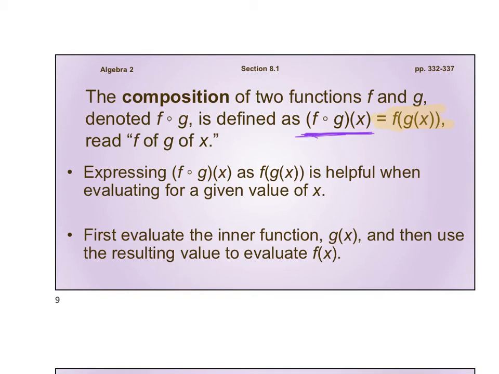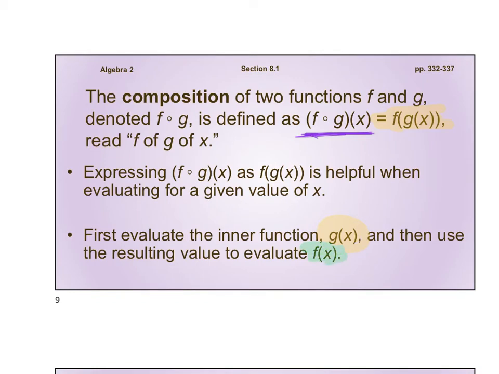Okay, expressing f circle g of x as f of g of x is helpful when evaluating for a given value of x. First, evaluate the inner function, in this case g of x. Then, use the results to evaluate f of x.